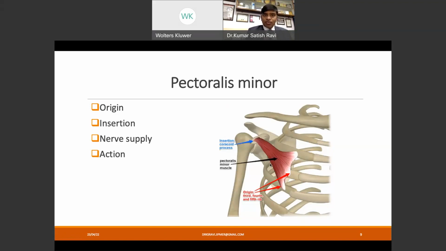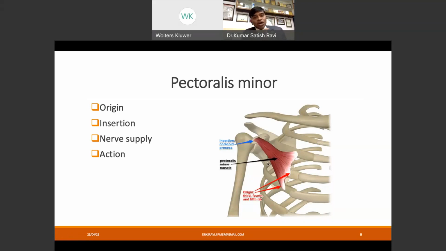Now, the lower margin or lower border of this pectoralis minor muscle gives attachment to one of the very important ligaments, and that ligament we call the suspensory ligament of the axilla.